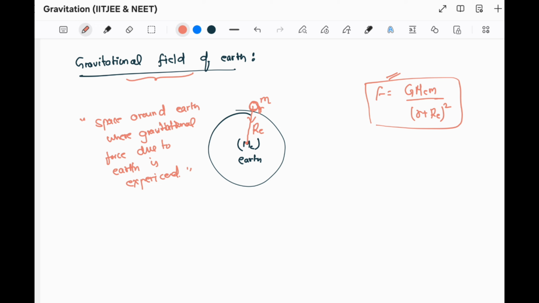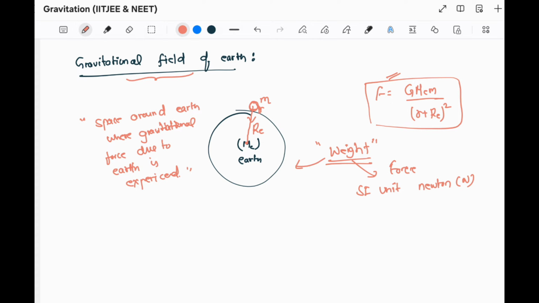The gravitational field of Earth is the space around Earth where the gravitational force due to Earth is experienced. Actually, when any object experiences a force because of Earth, we name it weight. Weight is a force by which Earth attracts. The SI unit of weight is Newton, with a small n. So weight is the force by which Earth attracts any object.